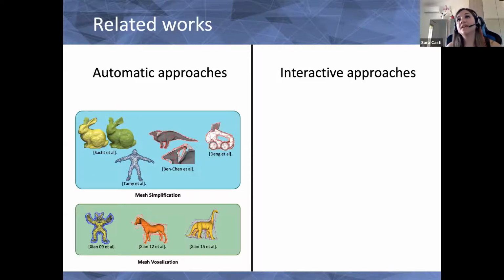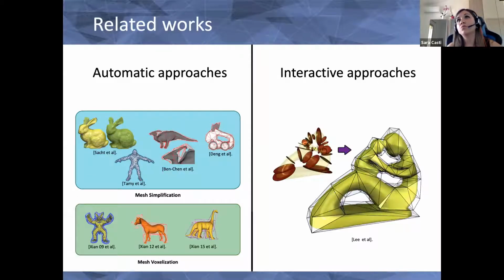While in the interactive approaches, there is one main method, which is the one from Lee et al. In this one, the user has to sketch the planes in correspondence of where they want to refine the cage. This is an interactive method, so it relies entirely on the user selection and its accuracy, and requires a big effort from the user.